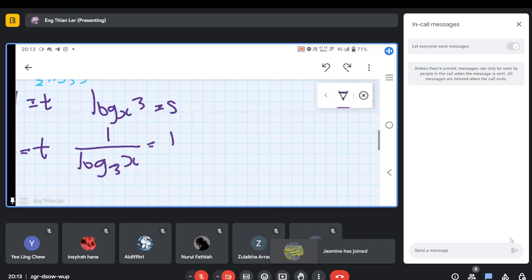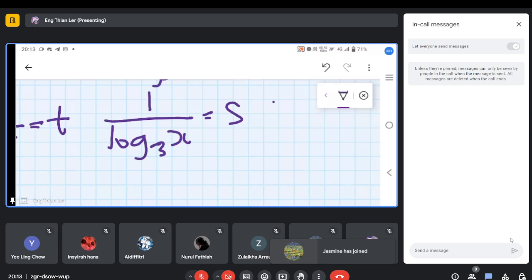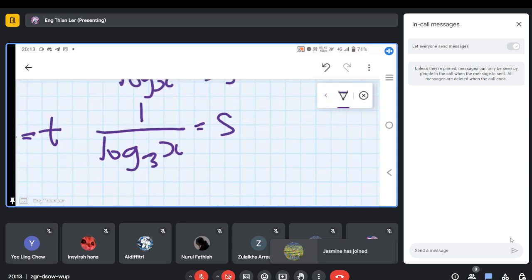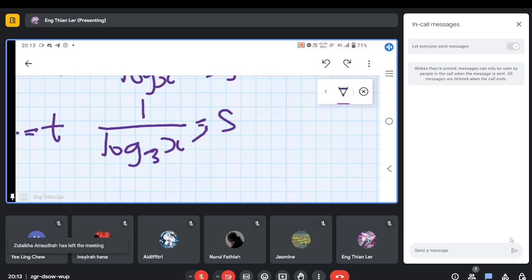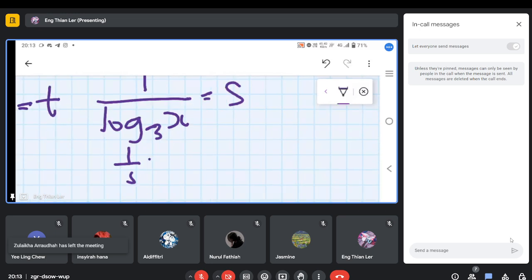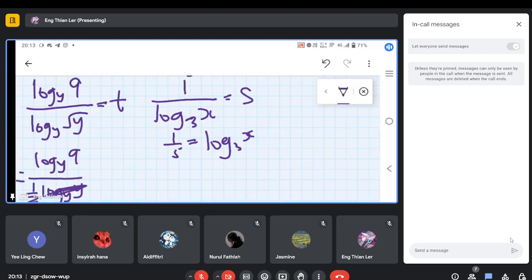Oh wait. We actually don't need to take the reciprocal on both sides too. Since 1 over log x base 3 is s, we can just swap both sides. So we will get 1 over s equal to log 3 base x. So the log 3 base x is actually 1 over s.